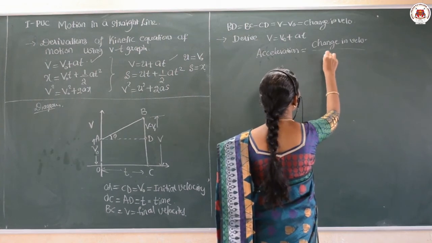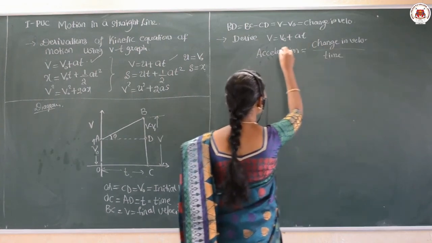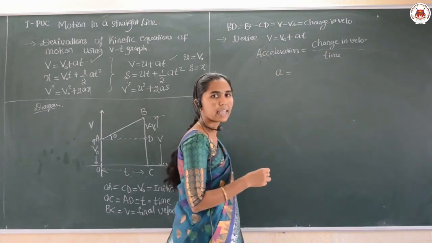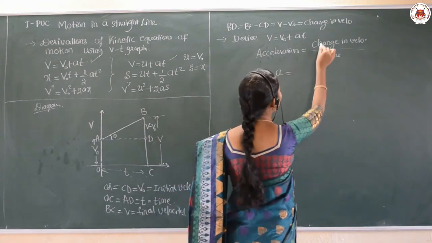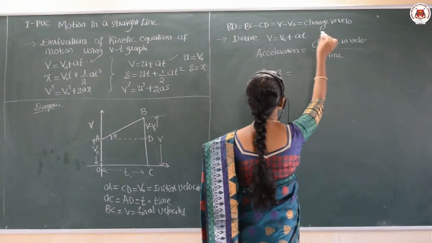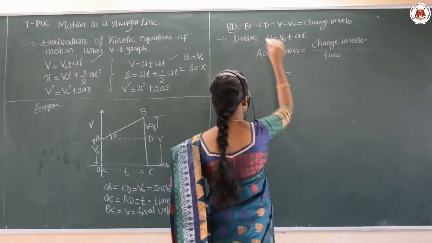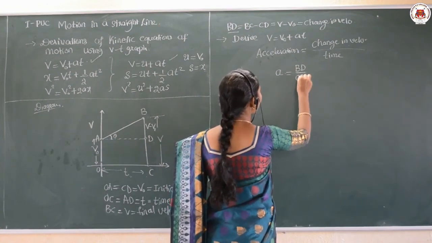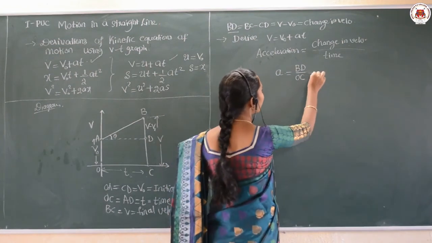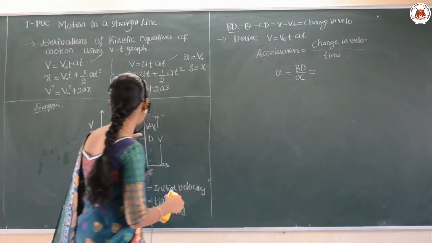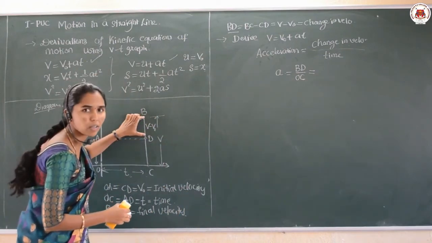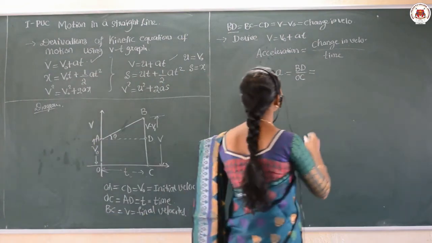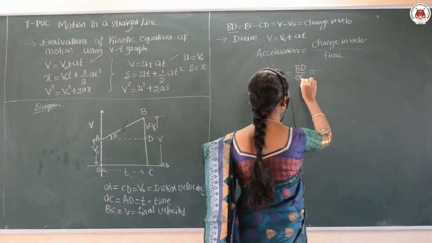Acceleration is represented by the letter A. Then A is equal to change in velocity upon time. From the figure, BD is giving the change in velocity and OC is giving the time taken. Therefore, A is equal to BD upon OC.